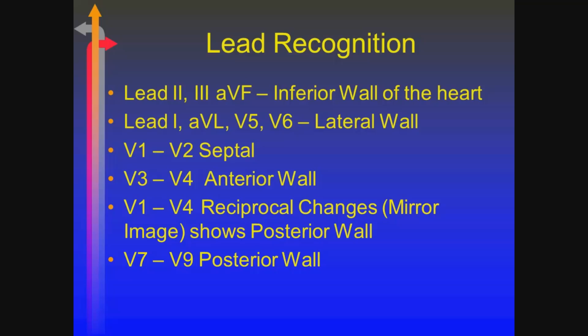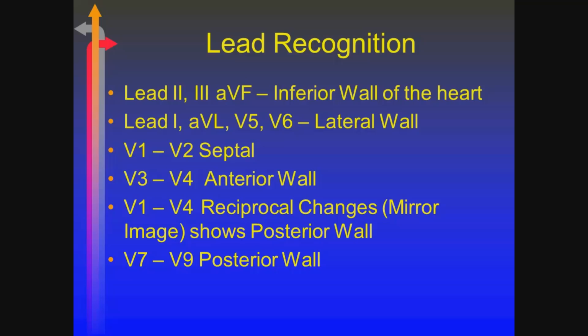Everything that looks down, 2, 3, aVF, is going to tell us about the inferior portion of the heart. Lead 1 looks to the left shoulder. aVL looks to the left shoulder. V5 and V6 are looking at the left. So they're all looking at the lateral wall on that side. V1, V2 are septum. V3, V4 are anterior.